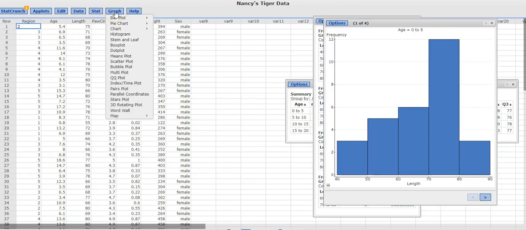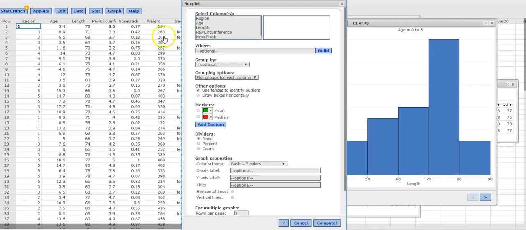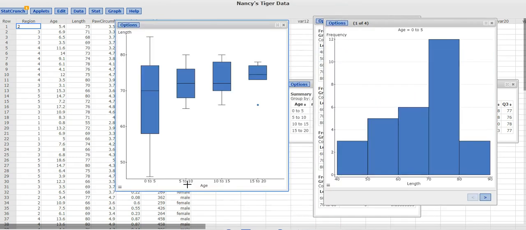What I'm trying to show you with this is that you can get a whole lot of information that's not very helpful. You want to keep trying things until you do find something that maybe is telling you something about the relationship between the two. So now I'm doing box plots. For this one, this is maybe a little bit more helpful because at least it shows you the box plots side by side.